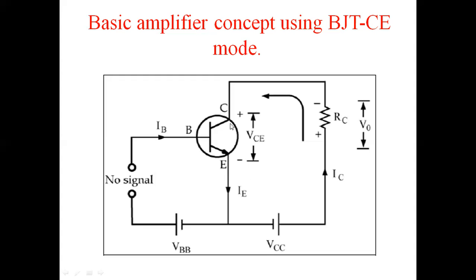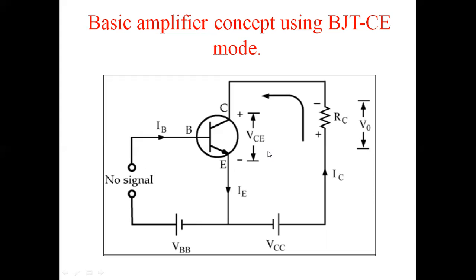So in order to operate this transistor in the active region, the input region must be forward biased and the output region must be reverse biased. This forward bias is provided by the battery VBB. The emitter base junction is forward biased by VBB. If you observe, the positive terminal of the battery VBB is connected to the base, which is P-type. Hence, this region is forward biased.